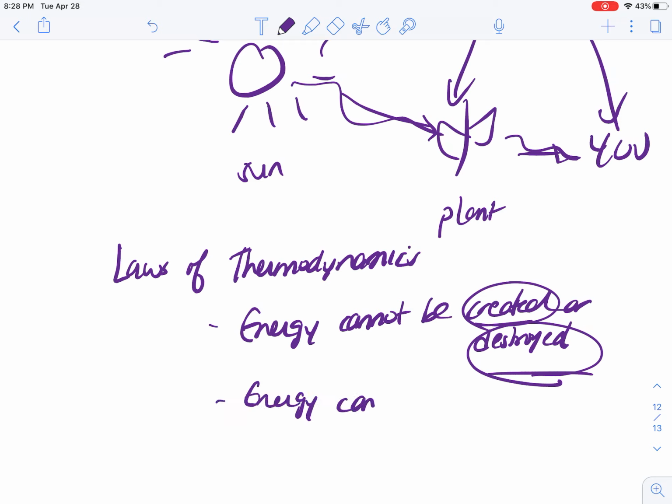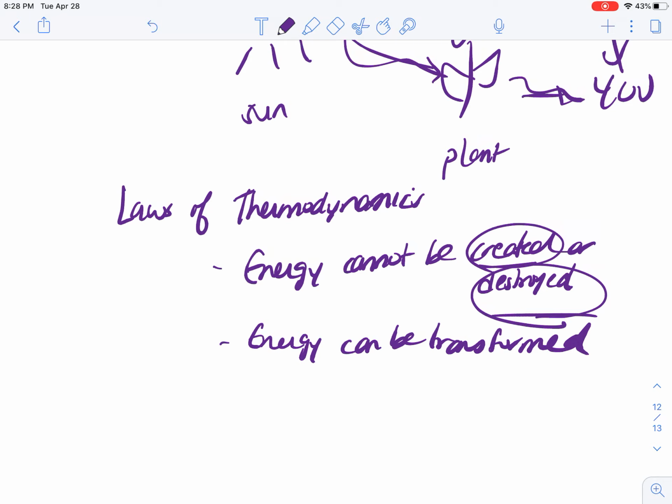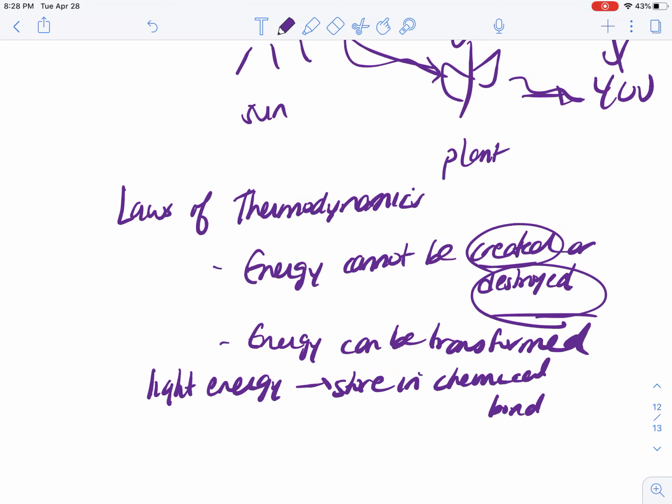But energy can be transformed, meaning you can take light energy from the sun and store it in chemical bonds. Here you're taking light energy from the sun and storing it in C6H12O6.